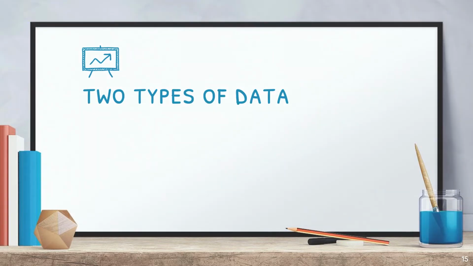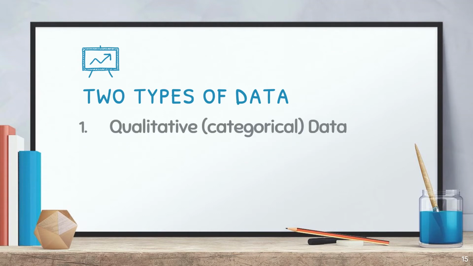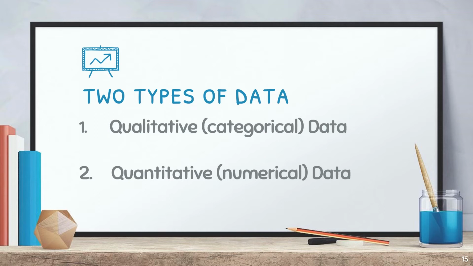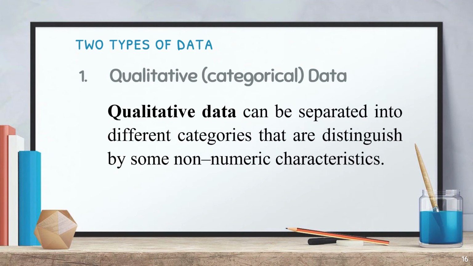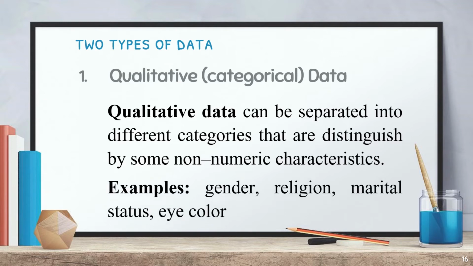There are two types of data. Number 1 is qualitative or categorical data, and the second one is quantitative or numerical data. Qualitative data can be separated into different categories that are distinguished by some non-numeric characteristics. For example, gender, religion, marital status, eye color.